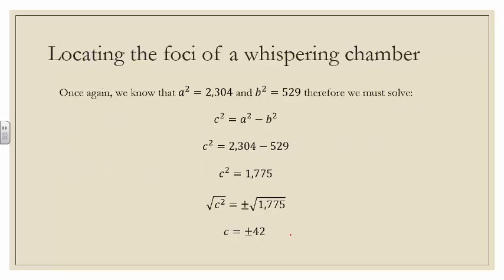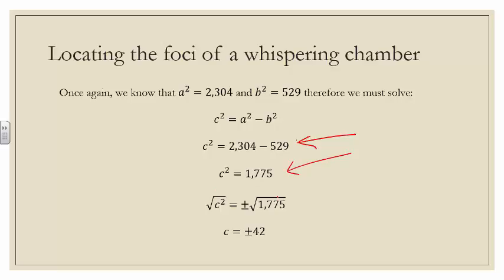We know a squared equals 2,304 and b squared equals 529. Therefore, we must solve c squared equals 2,304 minus 529. We enter that into the calculator and find c squared equals 1,775.